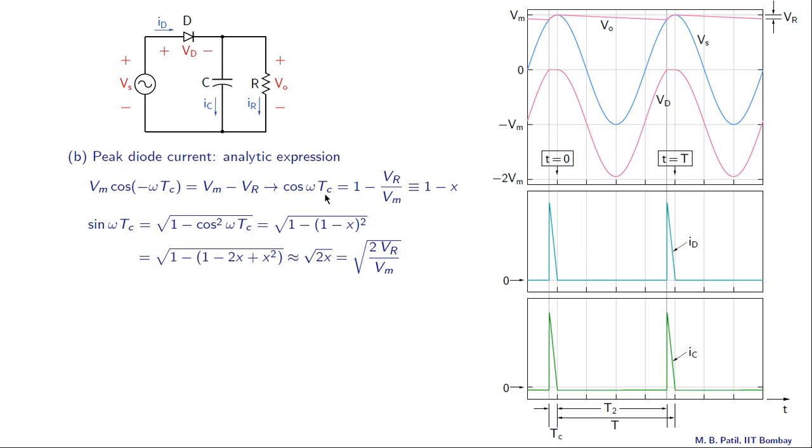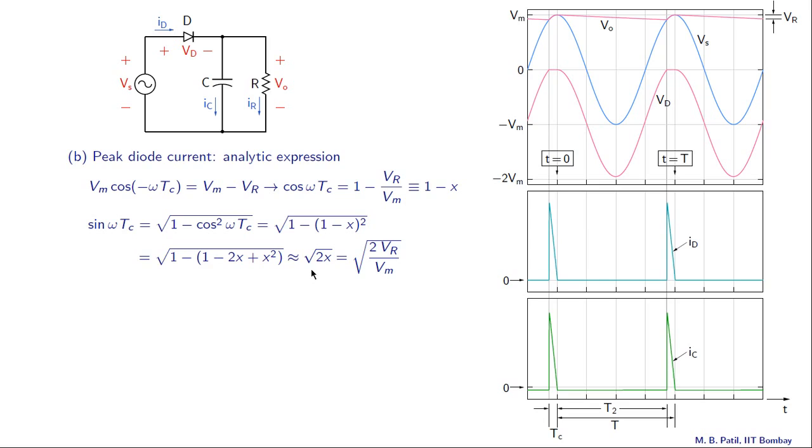Alright, from cos omega Tc, we can write sin omega Tc as the square root of 1 minus cos squared omega Tc. So that is 1 minus cos omega Tc, which is 1 minus x, squared. And now let's expand this. We get 1 minus 2x plus x squared. This one cancels with that one, and we get 2x, and there is a term in x squared. Our x is 1 by 8, so x squared is going to be 1 by 64, much smaller than x, and therefore we can ignore x squared compared to x.